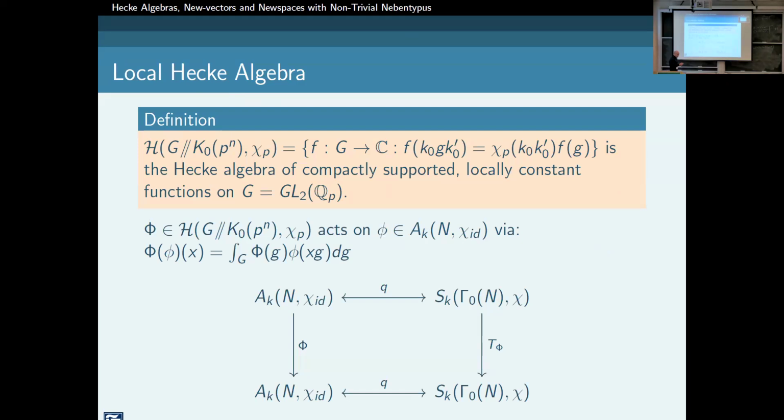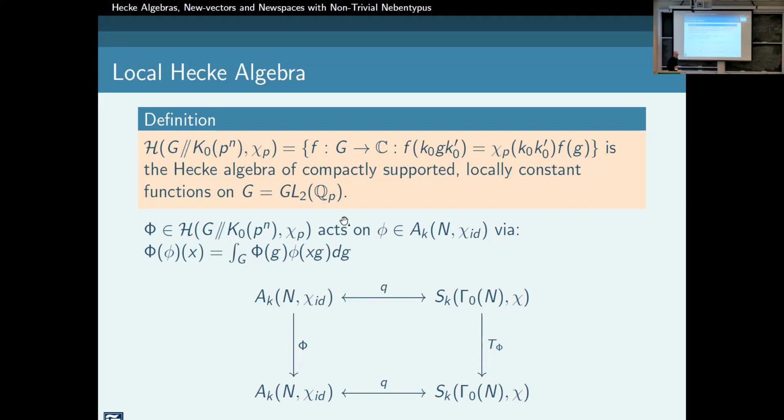And then one can define the Hecke algebra, the local Hecke algebra, which is the algebra of compactly supported locally constant functions. This notation, I mean the double cosets, by the way. So it's left and right quotient by K naught p to the n here. And as I said, there is an isomorphism between these spaces. So the space of cusp forms is isomorphic to the space of automorphic forms, automorphic functions.